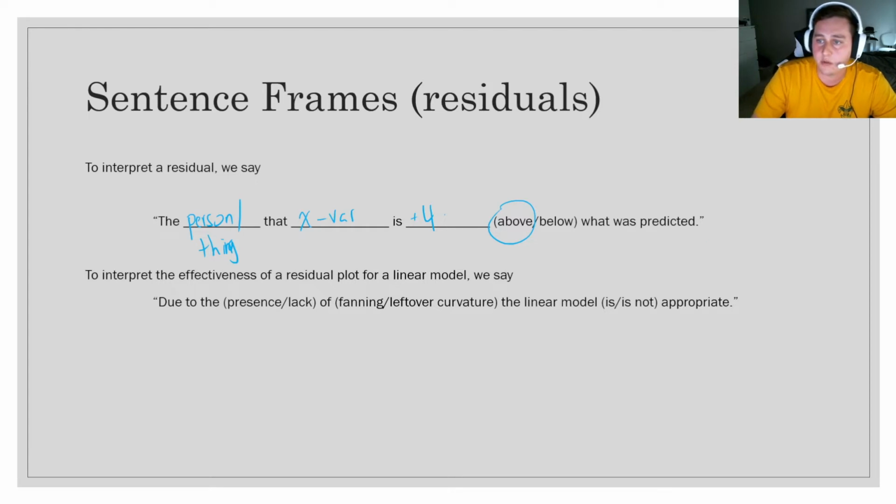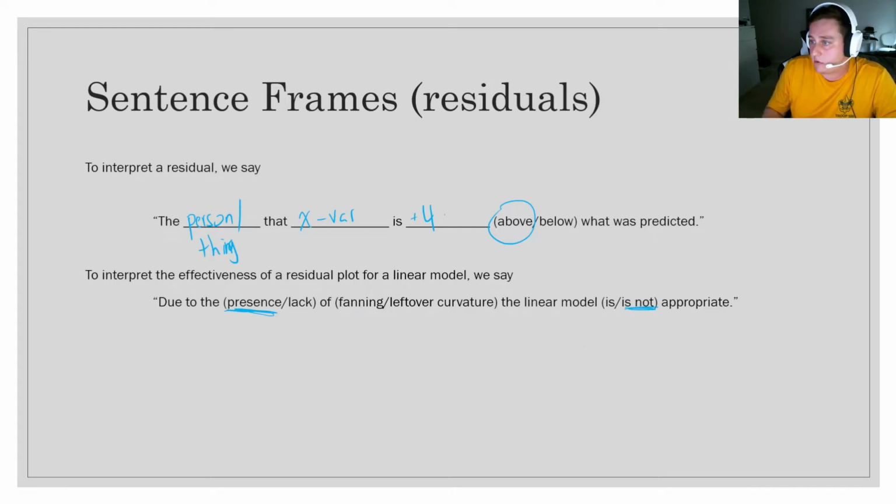The last thing we'll talk about for residuals is the interpretation of the residual plot for a linear model. We'll get further into this in a second, but just to give you the sentence frame: due to either the presence of or lack of fanning or leftover curvature, the linear model is or is not appropriate. So you can say the presence of, and then either one of these.